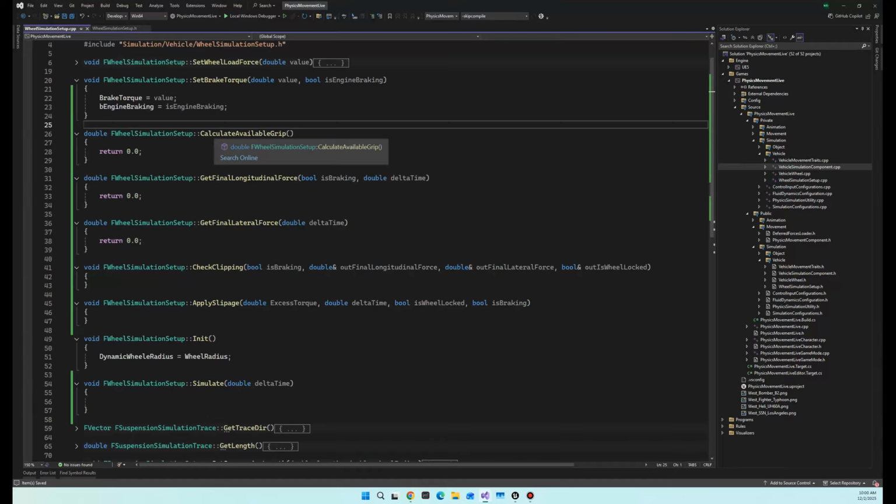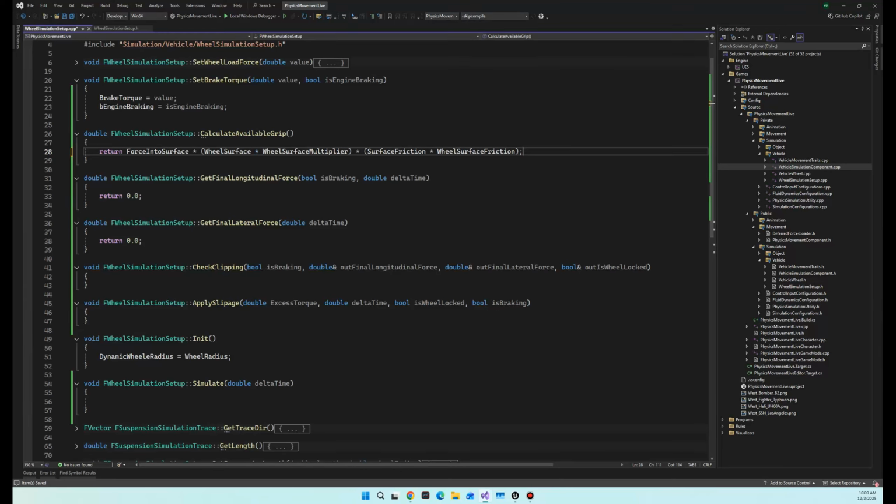We're going to calculate available grip. So let's go ahead and get that done. Let's see, where have I got that? So calculating available grip is here. It's going to be a rather long equation.